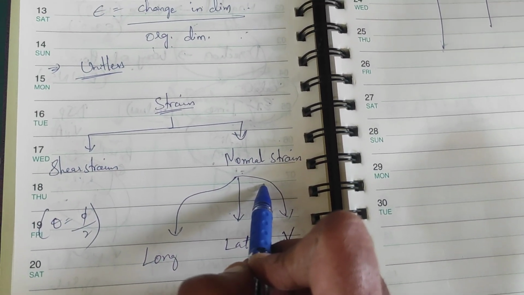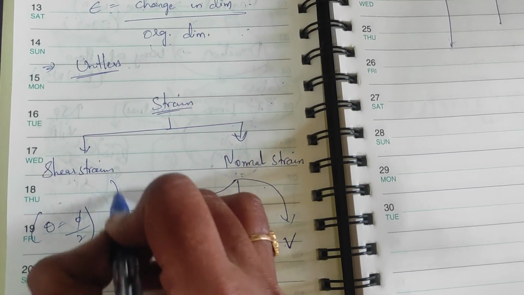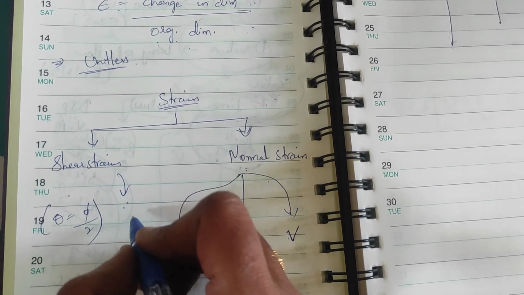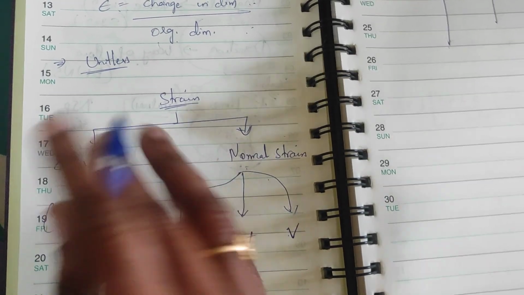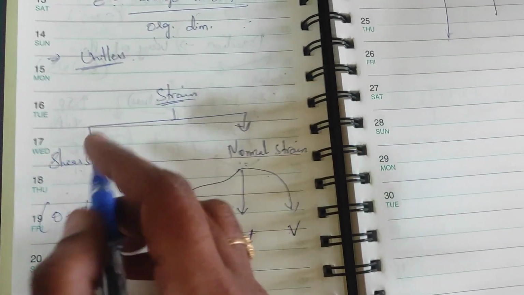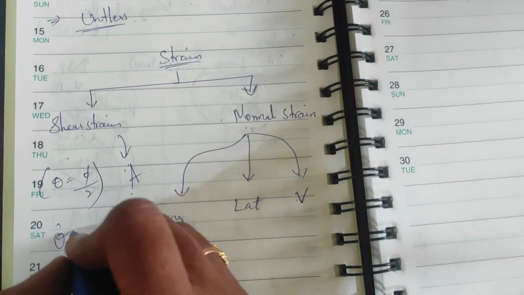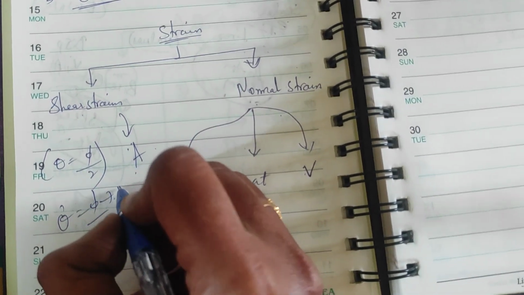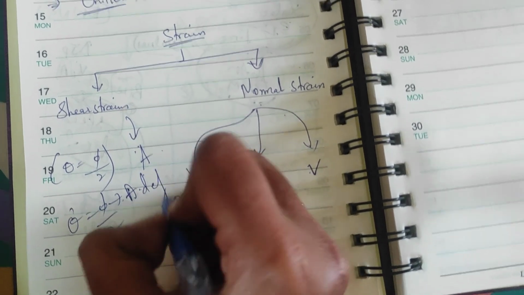Shear strain is due to the shear force, and it is also defined as the angular change between any two mutually perpendicular planes. It cannot be determined experimentally, and shear strain is denoted by theta equals pi by 2. Pi denotes angular deformation here.